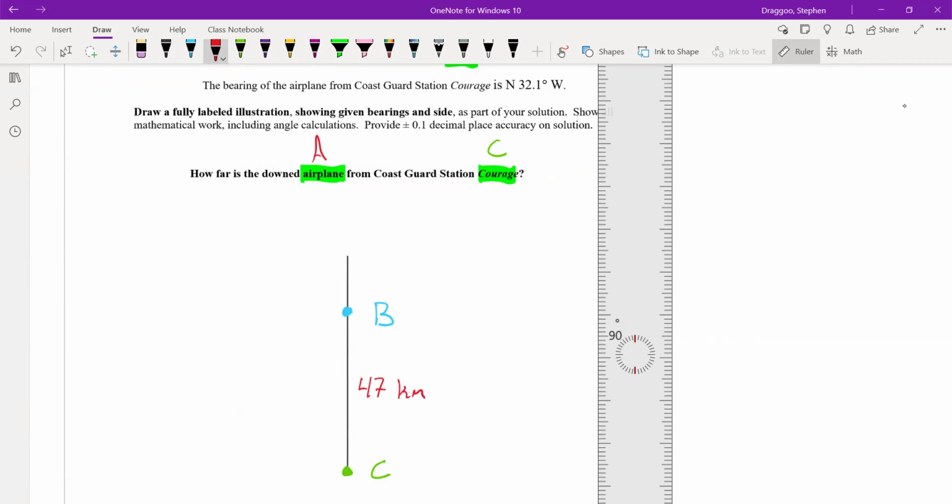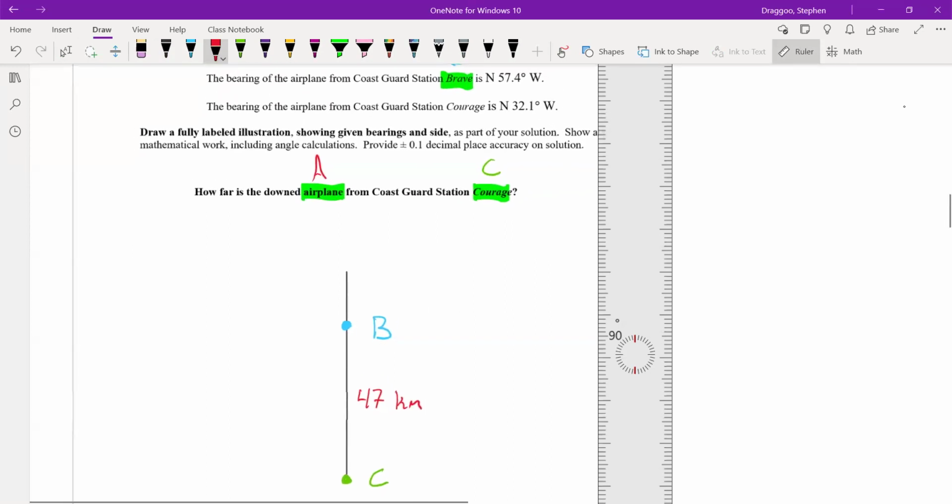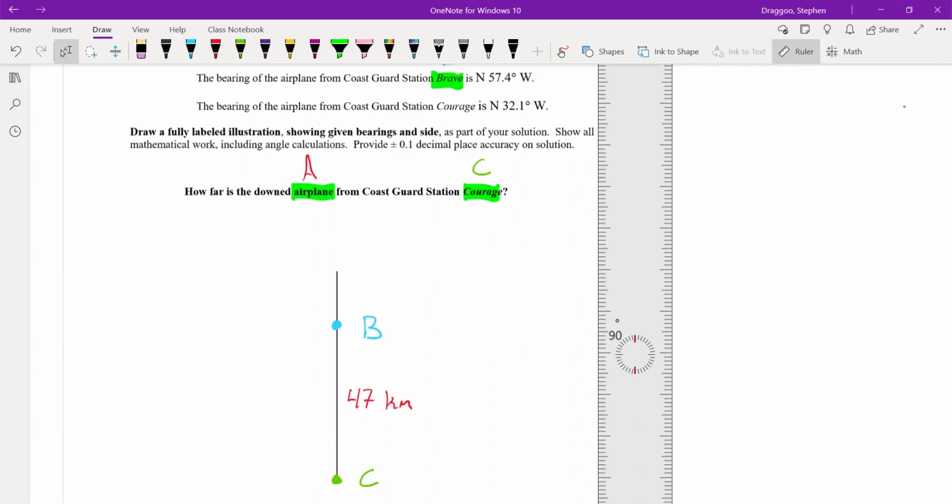Now I know the bearings from both of these stations to finding the aircraft. Brave has a bearing of 57.4 degrees west of north. So I want to go 57.4 degrees to the west.